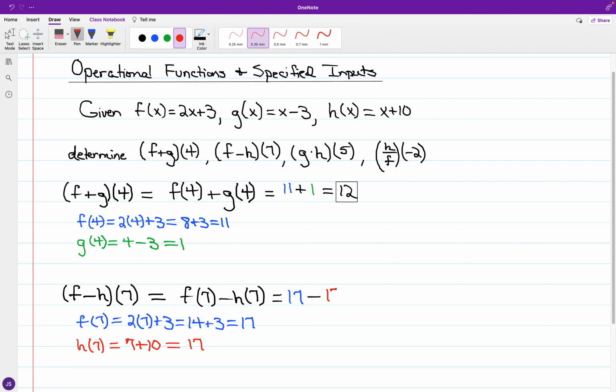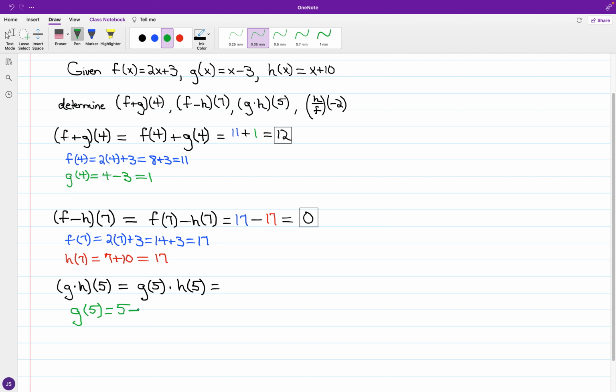For g of 5, referencing g of x, g of 5 is equal to 5 minus 3, so this will come out to 2.